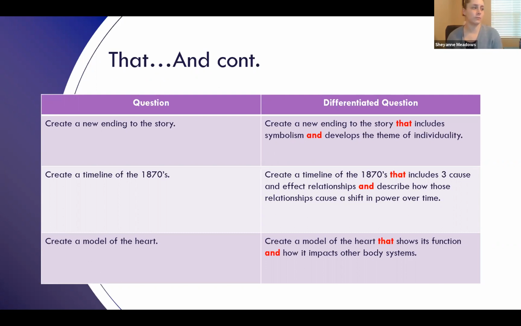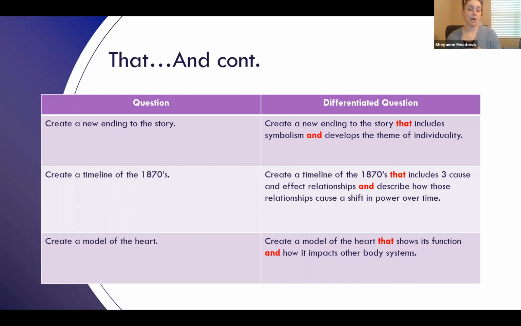Another example for social studies would be creating a timeline of the 1870s. And so instead of just being able to go into the book and find events and make that timeline, students can create a timeline of the 1870s that includes 3 cause and effect relationships. So they're evaluating relationships and describe how those relationships cause a shift in power over time.